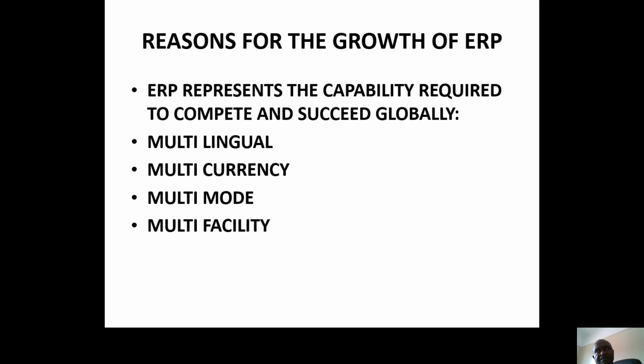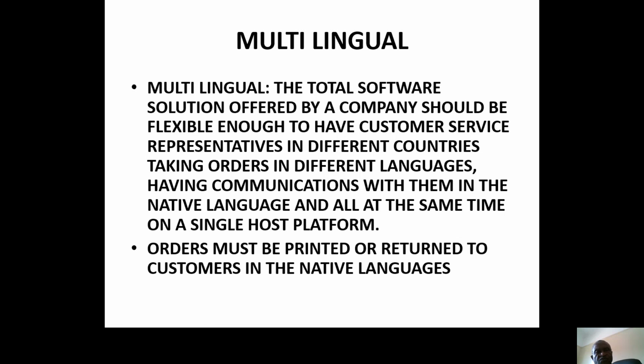There are bankers from Japan that you can always communicate with. Multi-currency, I don't have to explain this one; you've gone through it. Multi-mode. What does that mean when you say multi-mode? Multi-facility. What does that mean? Let's look at each and see what happens. Multilingual: the software solution offered by the company should be flexible enough to have customer service representatives in any country.